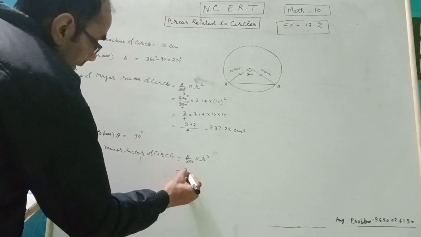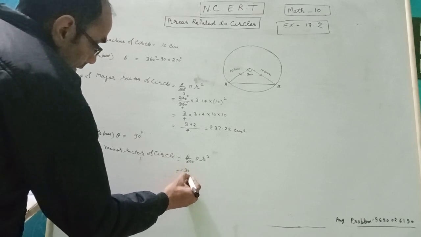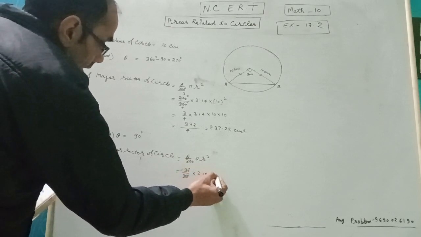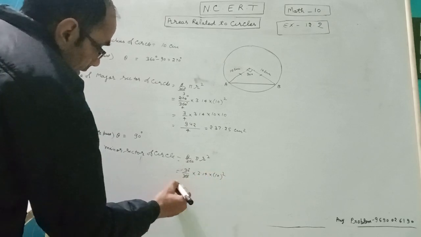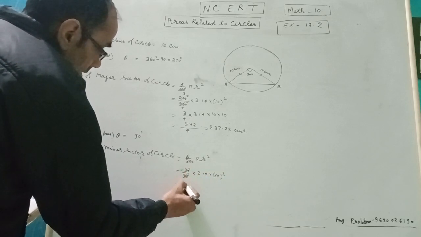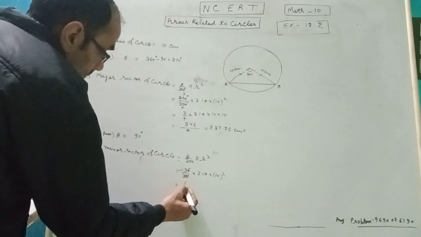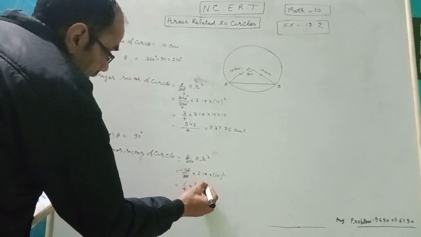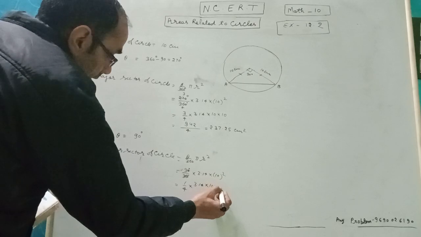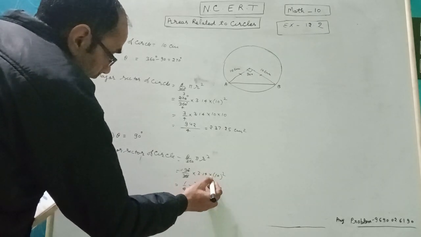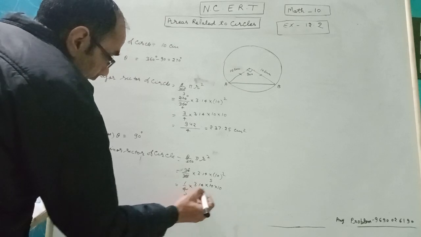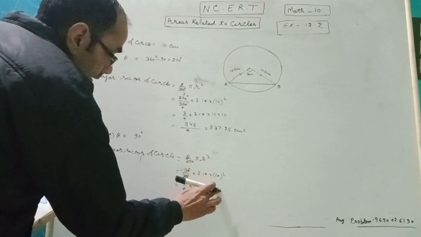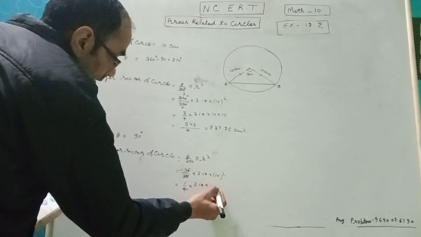Theta is 90 upon 360 into 3.14, the r value is 10. So 1 upon 4 into 3.14 into 10 into 10.